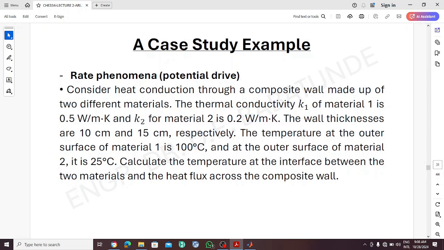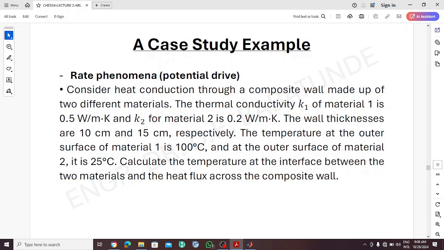It says heat conduction through a composite wall made up of two different materials. The thermal conductivity of the first material is called K1, and it has a value of 0.5 watt per meter Kelvin. The second material, the conductivity is 0.2 watt per meter Kelvin. The thicknesses are 10 centimeter and 15 centimeter respectively.